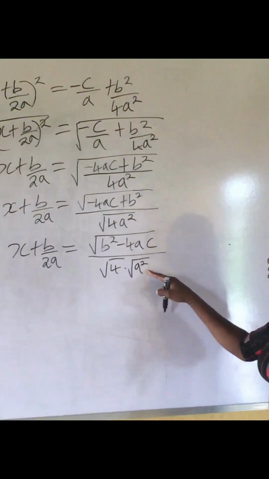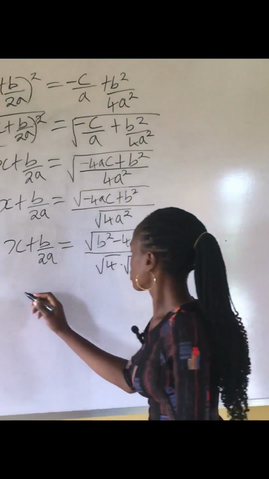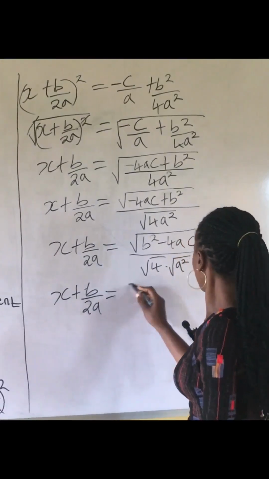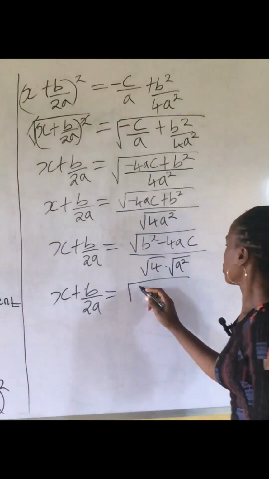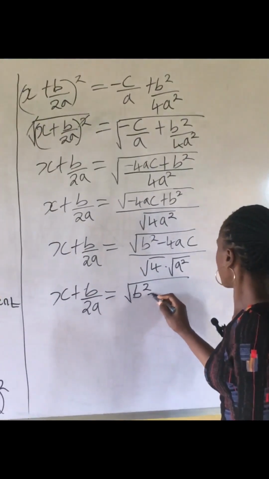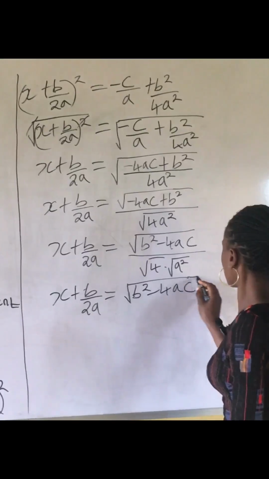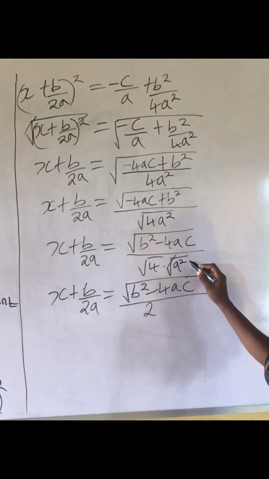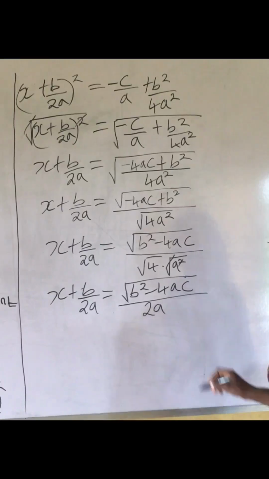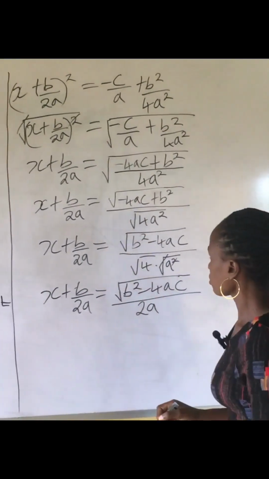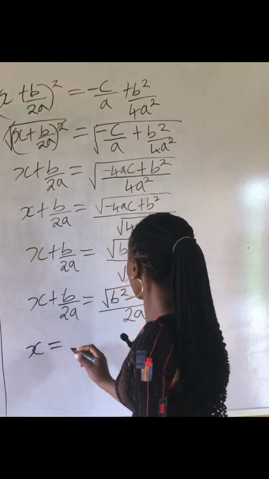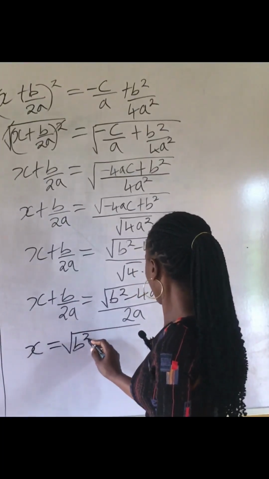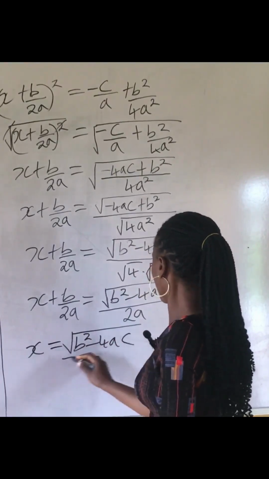So if we take root of these two values, we would have square root of b squared minus 4ac over root of 4 is 2, then root of a squared, this root will cancel the square. So you have 2a left, all right? x will now be equals to, okay, square root of b squared minus 4ac over 2a.